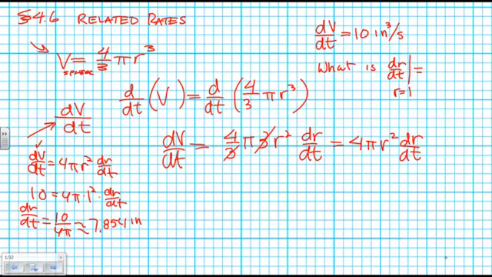How do we measure radii? In inches, not inches squared or inches cubed. Okay, inches, but it's a rate of change in the radius per time. Per second. All right, isn't that great? What is it, 7 point what? Let's just call it 7.8 inches per second.